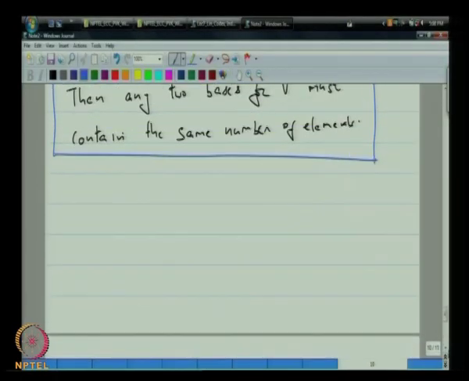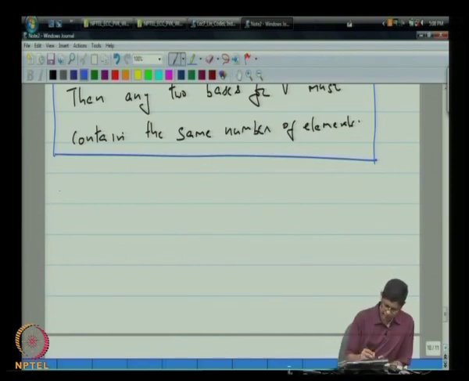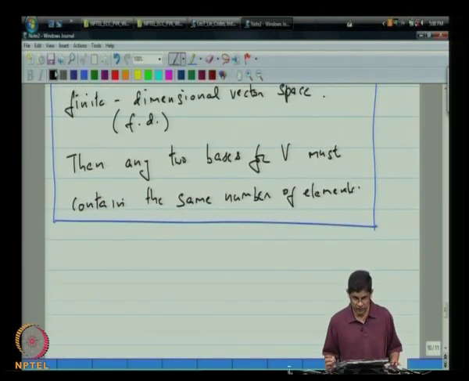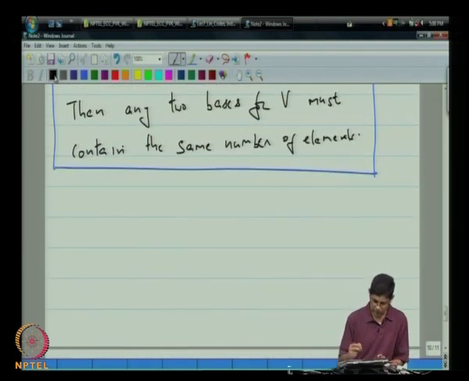How do we prove that? The proof will involve two lemmas. I will not prove the lemmas themselves because it will take us a little too far out. I will just state them, but we will use them to prove the theorem.